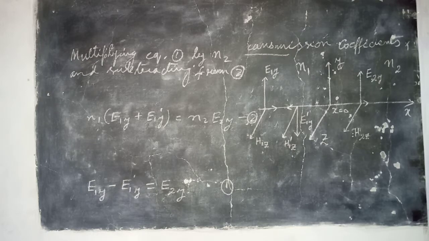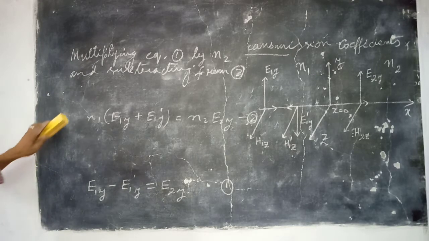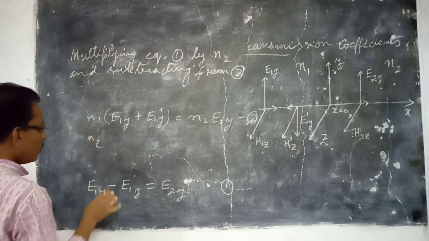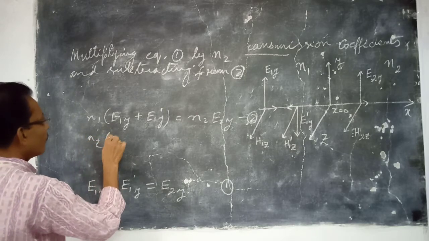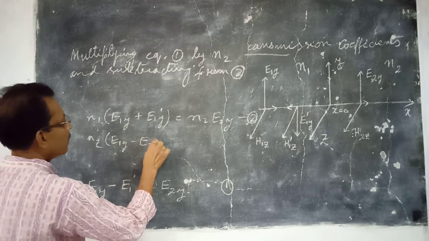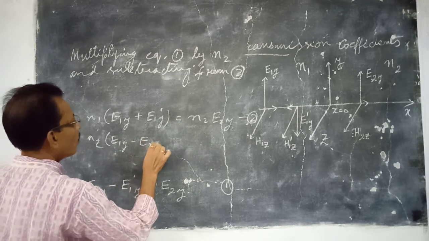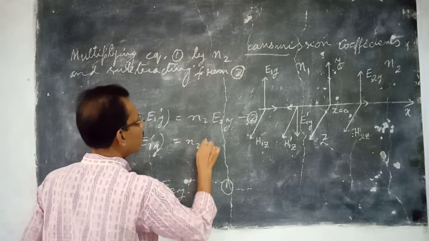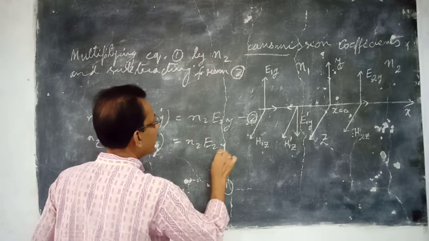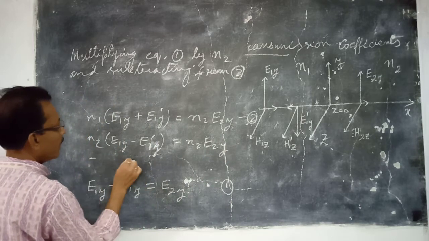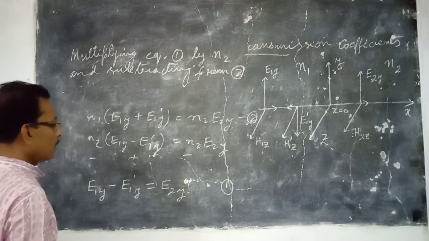What we get is n2 E1y minus n2 E1y prime on one side equal to n2 E2y, so this term will cancel, minus plus minus.